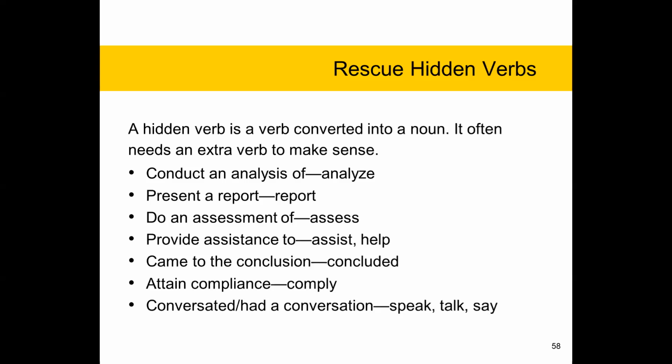And if you get the verb right, then you know who's doing it. And always, if you're turning a verb into a noun, as has happened here, you need a lot of extra words. You know, "conduct an analysis of." Well, you can rescue that to just be "analyze."